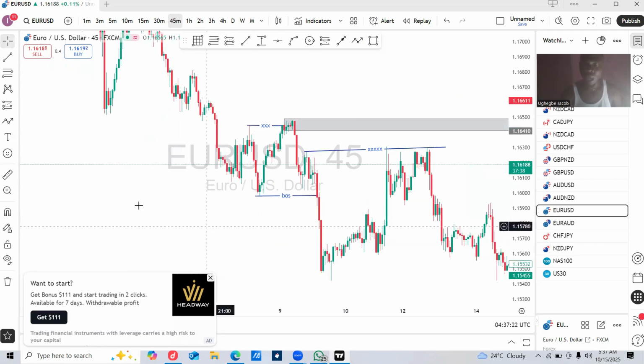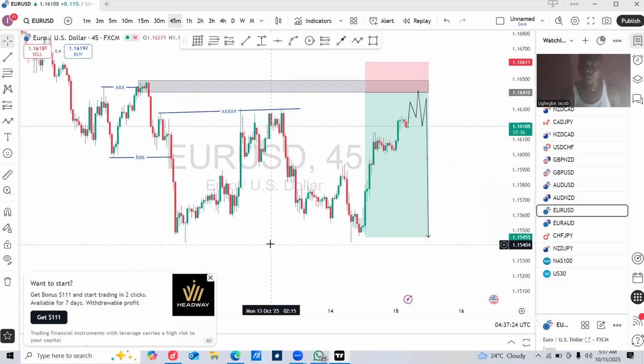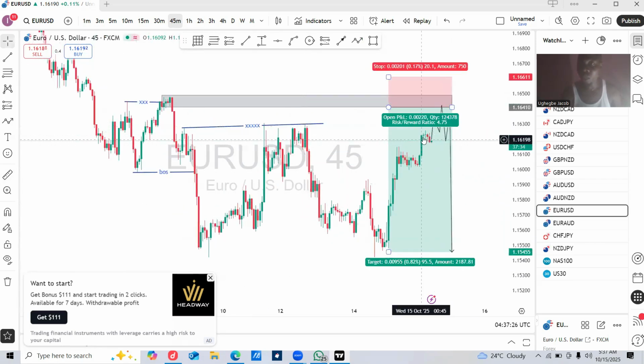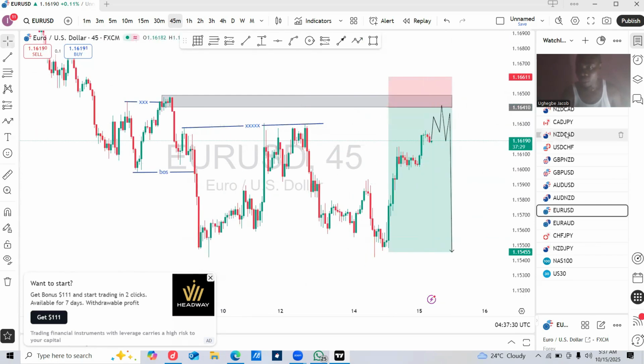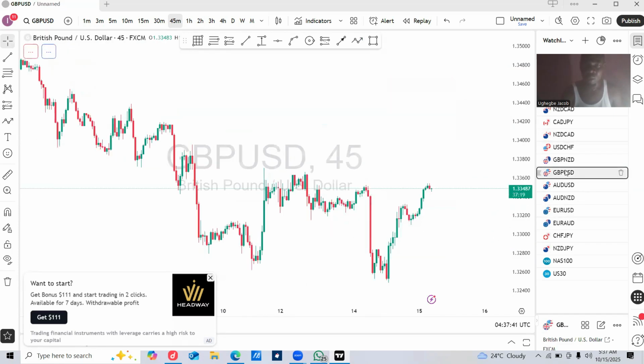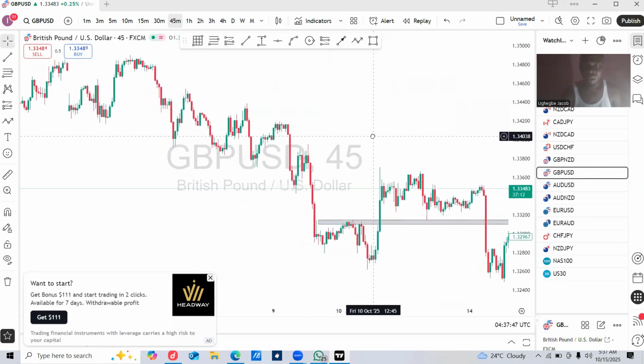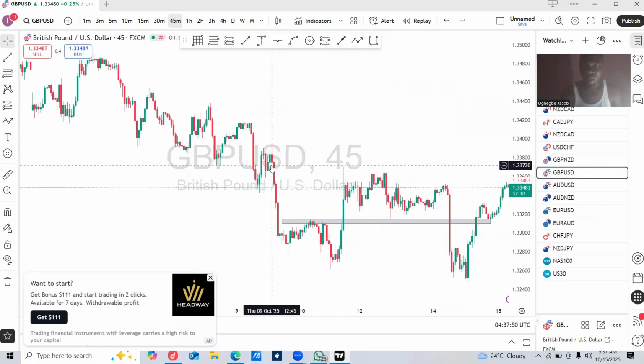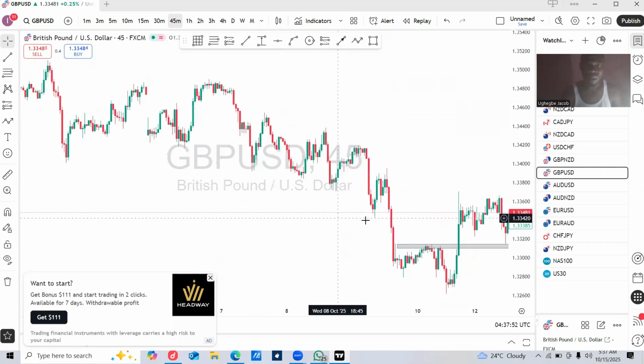So let's say another example. This is what we call a downtrend market. In an uptrend market, what are we looking for? Let's look at some of the pairs to identify the trend of the market.